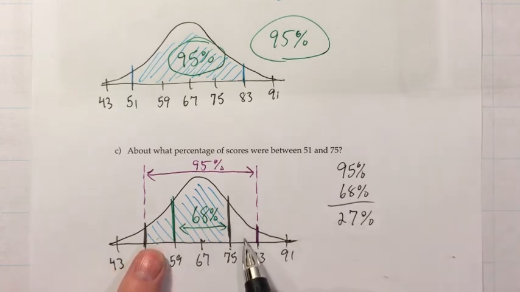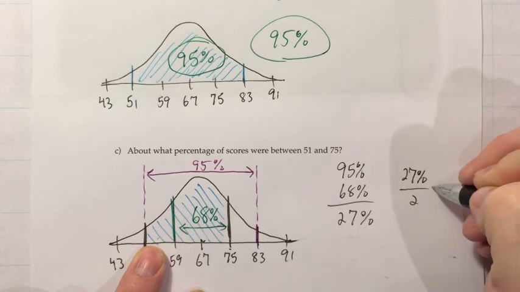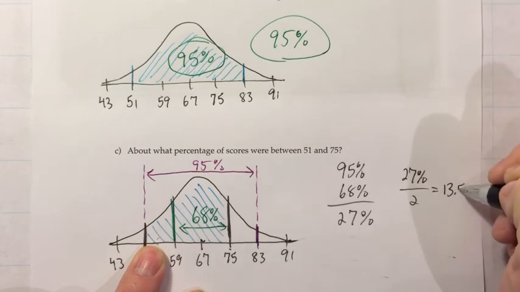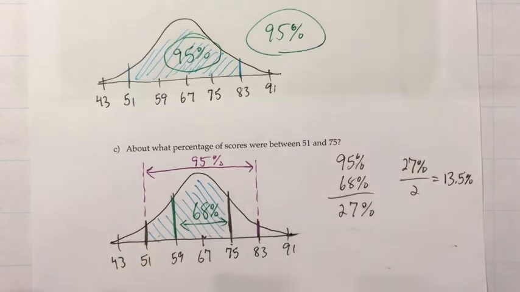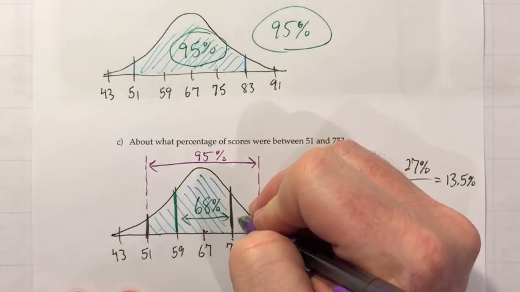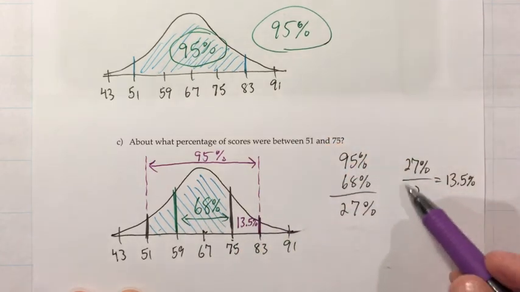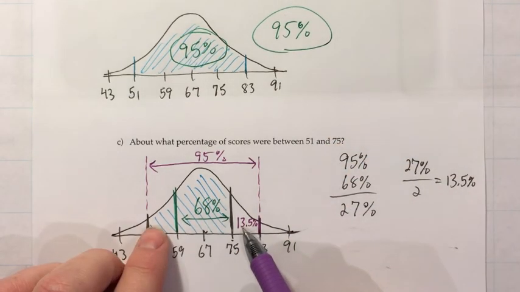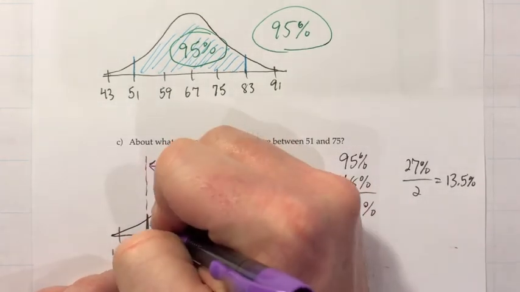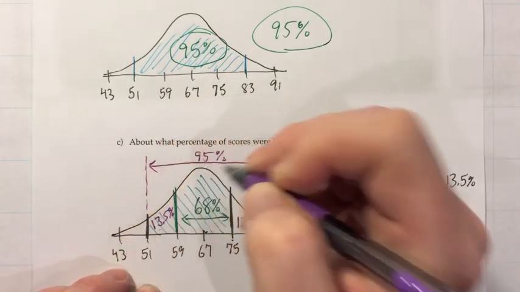But we've got symmetry, so if we want to know how much each of those is, we can take that 27% and divide it into 2 equal parts, each of which would be 13.5%, and we can label those. So we don't need this little white wedge right here, but that's 13.5% according to taking the 27 that's here and cutting it in half. So this right here is also 13.5%.